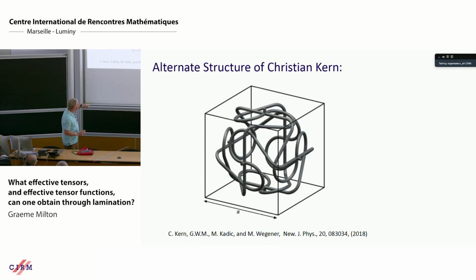Christian realized you could do this at a microscopic level, and this tangled web here has the property that things get reversed if you untangle things. Then he numerically tested that. That hasn't been fully tested.